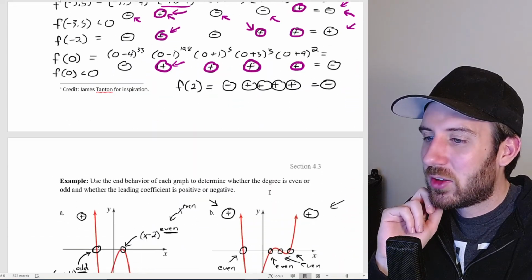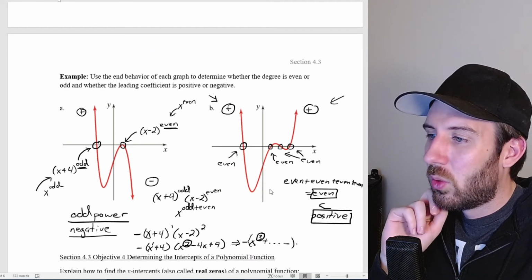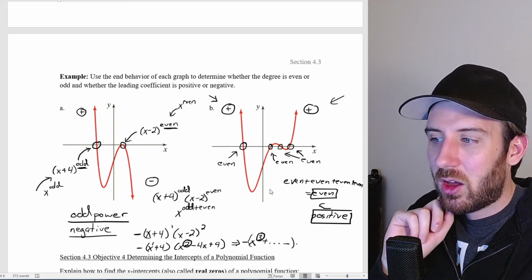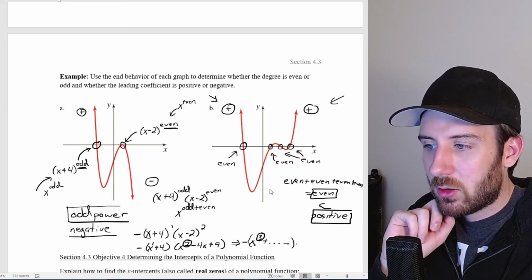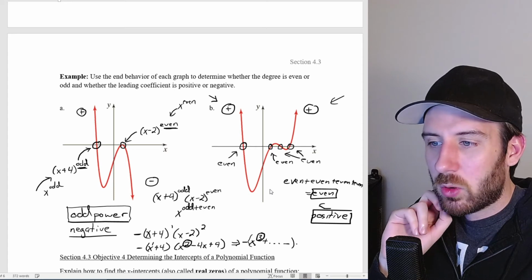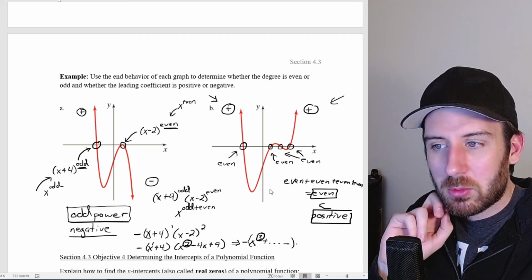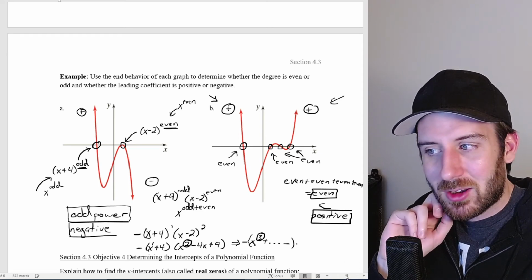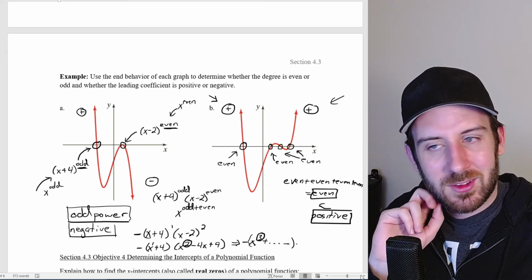Let's go down here and see what's happening. Here I had one hump and two humps, so I had an even number of humps. That got me an odd power. How interesting. And the next one I had one hump, two humps, three humps. I had an odd number of humps, and that got me an even power. So again, maybe there are some patterns that we're playing around with.